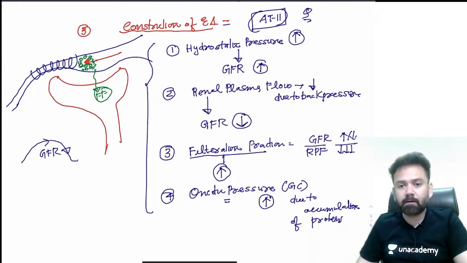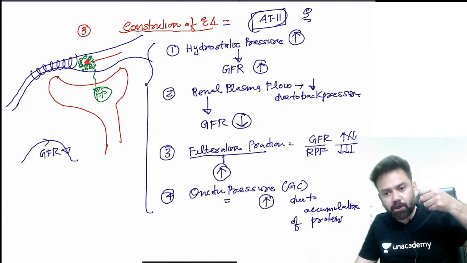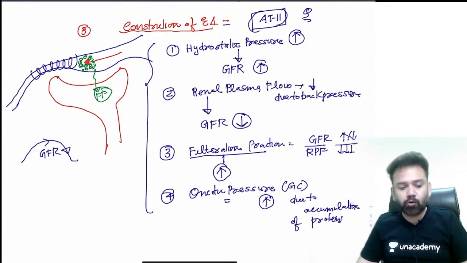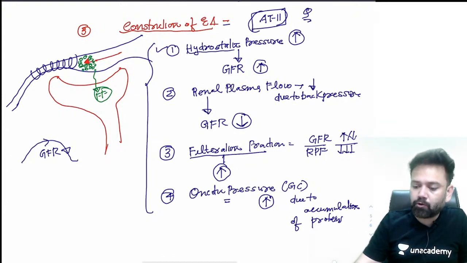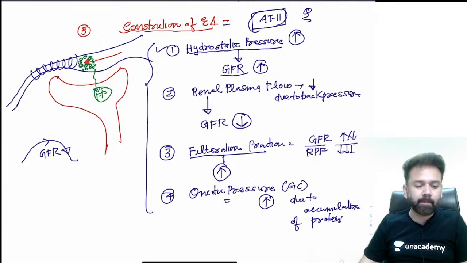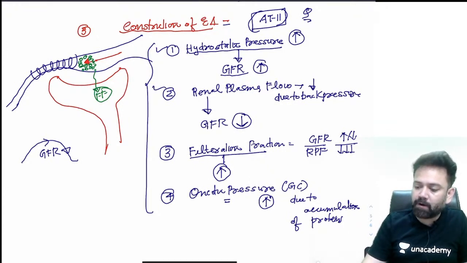If there is constriction of the efferent arteriole, you know that hydrostatic pressure will increase, increasing the GFR. Renal plasma flow will decrease due to the back pressure, decreasing the GFR.